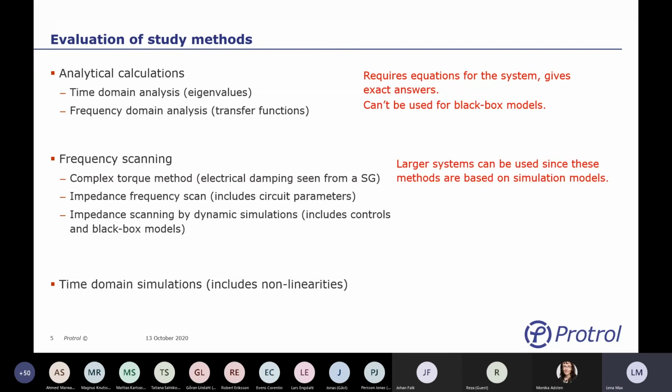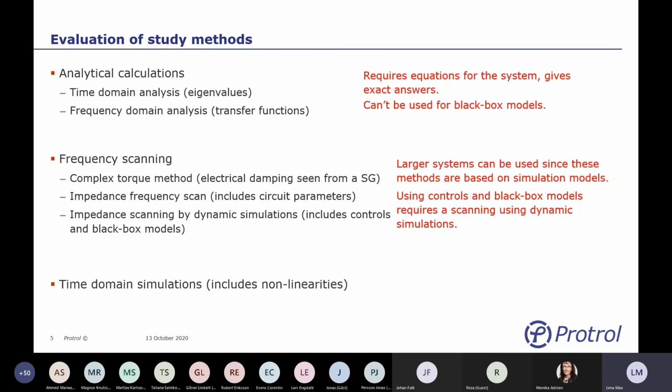This method has the advantage that it can handle larger systems, since it is based on simulation models, and you basically let the simulation program do the work. But if we have a system with black box models or controls, it requires one time domain simulation at each subsynchronous frequency, so it can be quite time consuming.